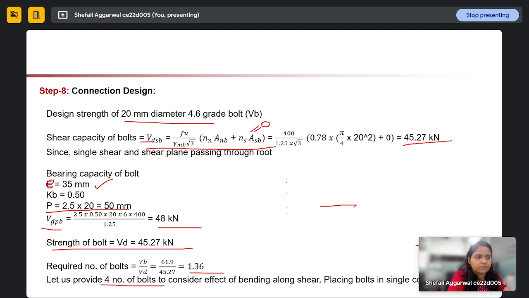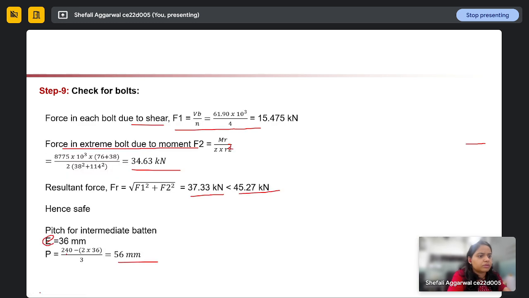And also in step 9, we again calculated the E value. That is maybe for the intermediate batten. This 35 was for the end battens. Then in step 6, we took 35 for both things.